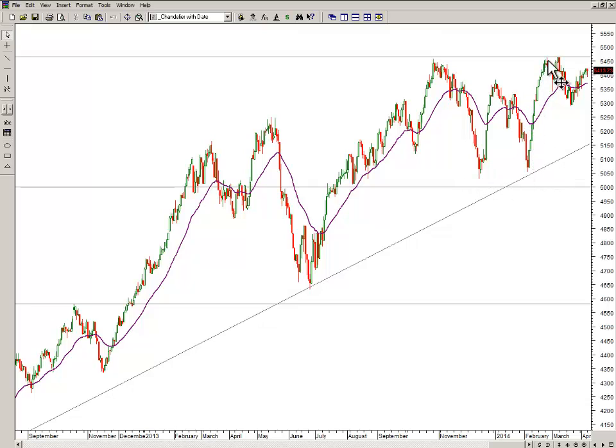Then it's managed to power up, but right now it hasn't been able to take over the highs that have occurred over here. So whilst it is in an uptrend and is holding this uptrend line, it is having some difficulty at the moment getting above this resistance level. So in order to see this uptrend continue, we will need to see it start to make some new highs eventually. And this uptrend line might create enough pressure just to push it through.